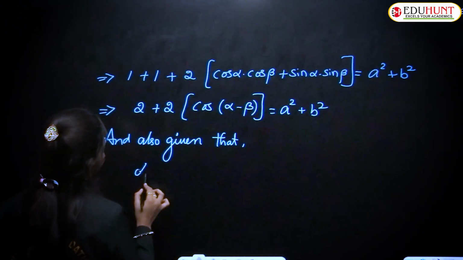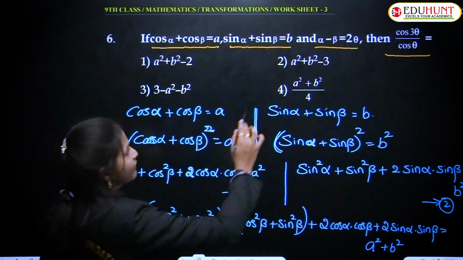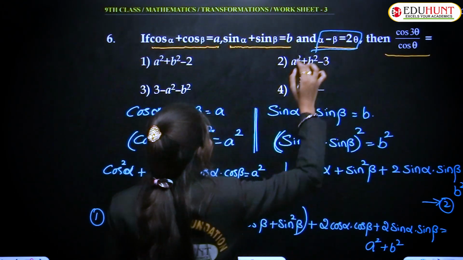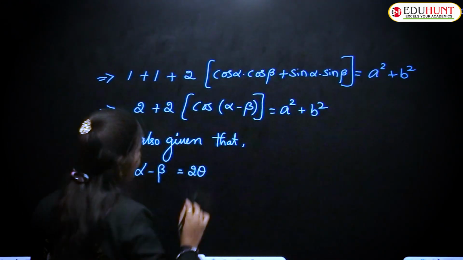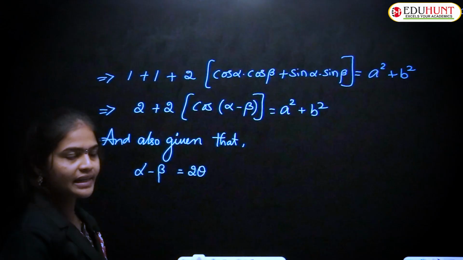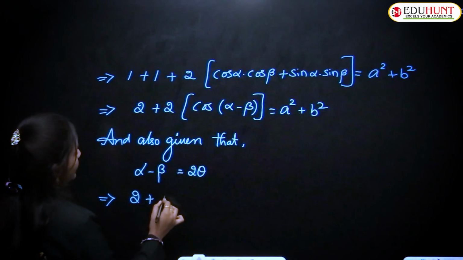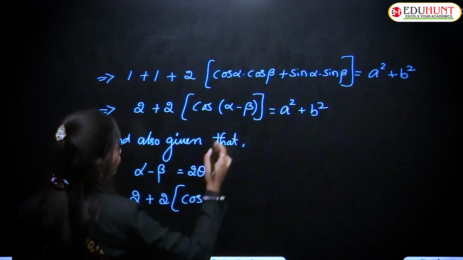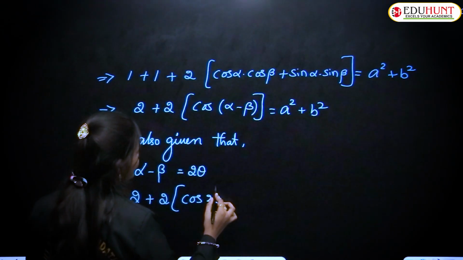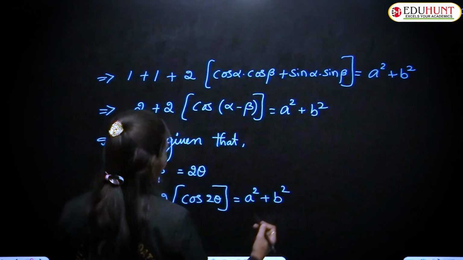What condition did they give? In that question they gave alpha minus beta is equal to 2 theta. That condition they also gave in the question, no? So from this, 2 plus 2 into cos of (alpha minus beta), which is 2 theta, is equal to A square plus B square.